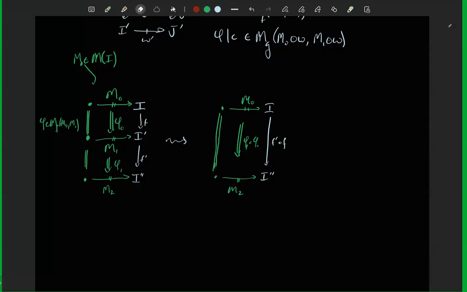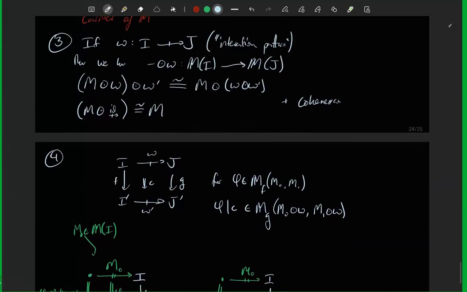We also can do other things. So we also can take this m naught, right? And we can compose it by w. And this is what we got before, where we said we had a way to compose by these w's, like that. So this is what we were describing up here.